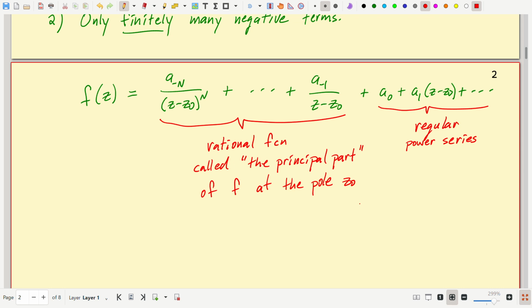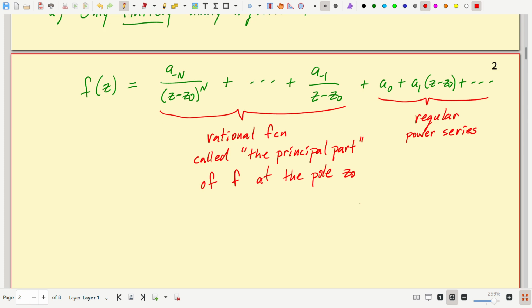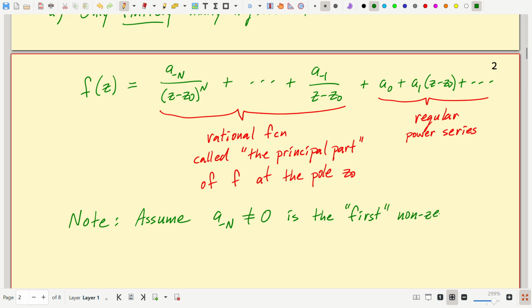Okay, and here a sub minus n is assumed to be not zero. Assume a sub minus n is unequal to 0 is the first non-zero negative term.